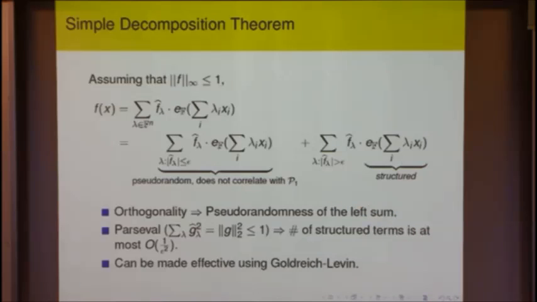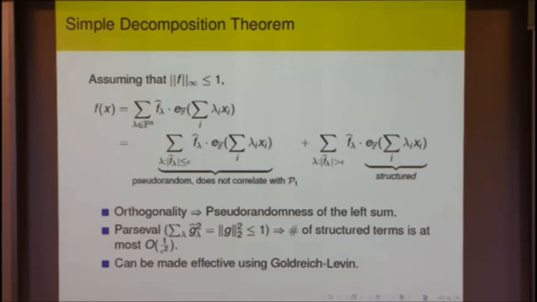And also notice that this decomposition can be made algorithmic using Goldreich-Levin. The celebrated theorem of Goldreich and Levin gives you a way to find, in polynomial time, the Fourier coefficients which are large.